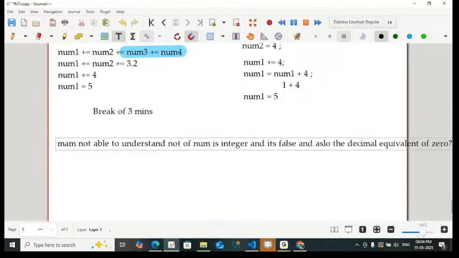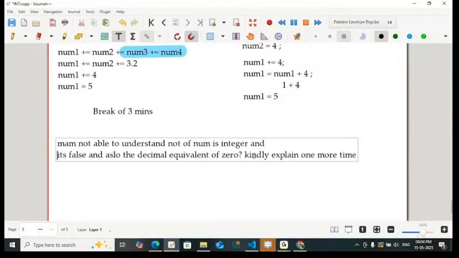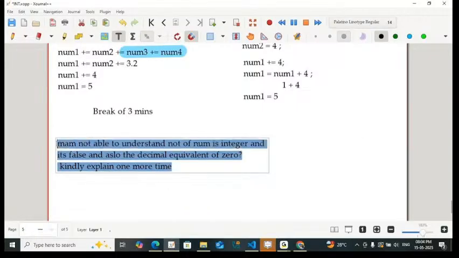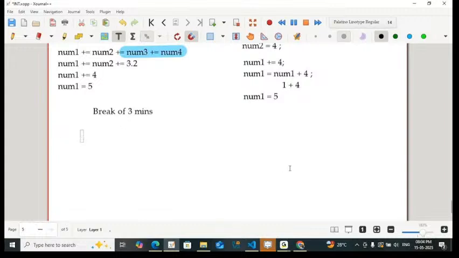Ma'am, I'm not able to understand not of num is integer and it's false, and also the decimal equivalent is 0. Kindly explain one more time. Okay, see here. I'm taking int num with the value 1. I'm writing result is equal to not of num. Here result is one integer variable, so inside result I should store one integer value only.